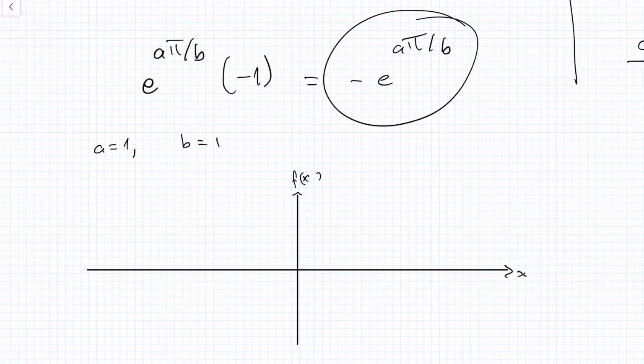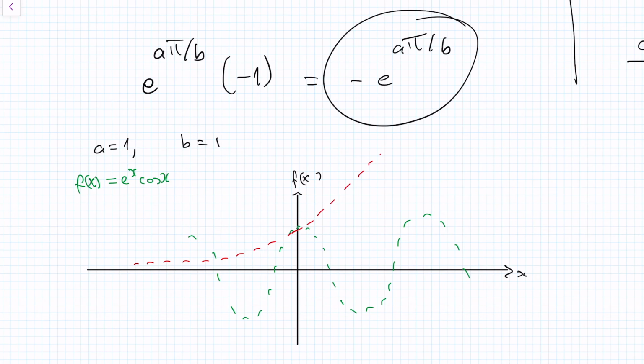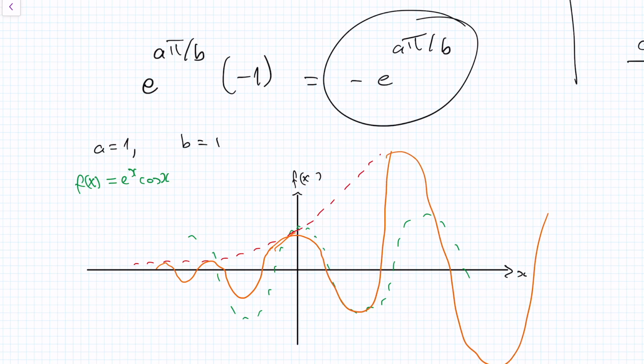If b is 1, f of x is simply e to the x cos x. So this is our cosine function, which will just be oscillating as usual. And the exponential, e to the x, will look like this, going through 1, okay? And if you multiply the both, you'll just have some oscillations going like that, and it's getting bigger and bigger, and so on.